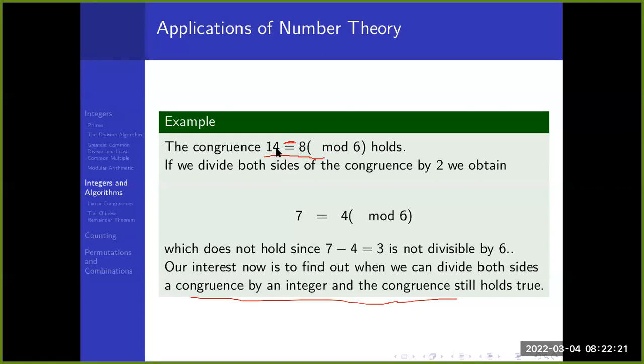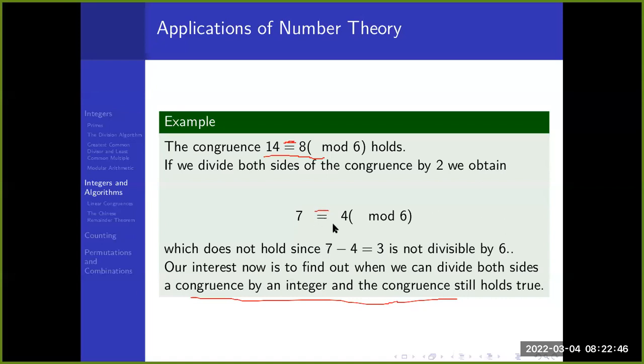The reason for that is if you subtract 8 from 14, you will get 6, and 6 divides 6. So 14 is congruent to 8 modulo 6. So if we divide both sides by 2, we end up with 7 and 4.